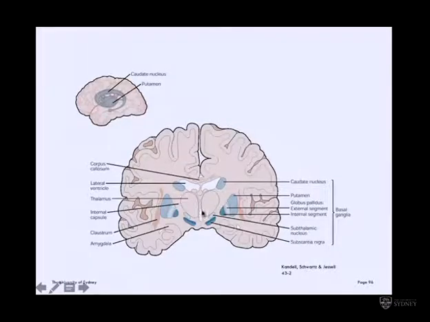There's your third ventricle, and on either side of the third ventricle are your thalamic nuclei, one on each side. Just below the thalamic nucleus is the subthalamic nucleus. And in the midbrain region, you find your substantia nigra. Two compartments to it, pars compacta, pars reticulata.